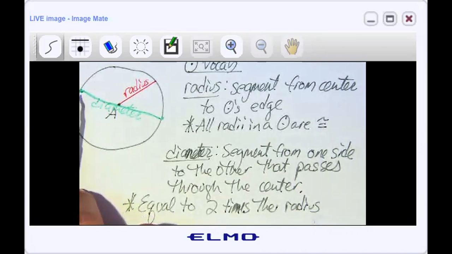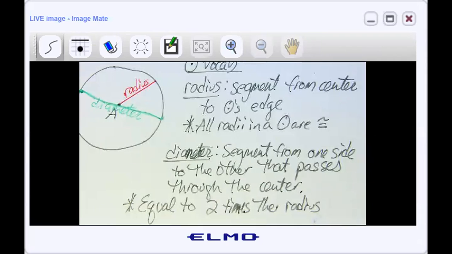So 2 radii put together back to back makes a diameter. So if I know the measure of a radius, I can figure out the measure of the diameter. I would just double it. Same thing going the other way. If I knew the measure of the whole diameter, I could find the measure of a radius just by cutting it in half. Okay, so diameters are equal to 2 times the radius.